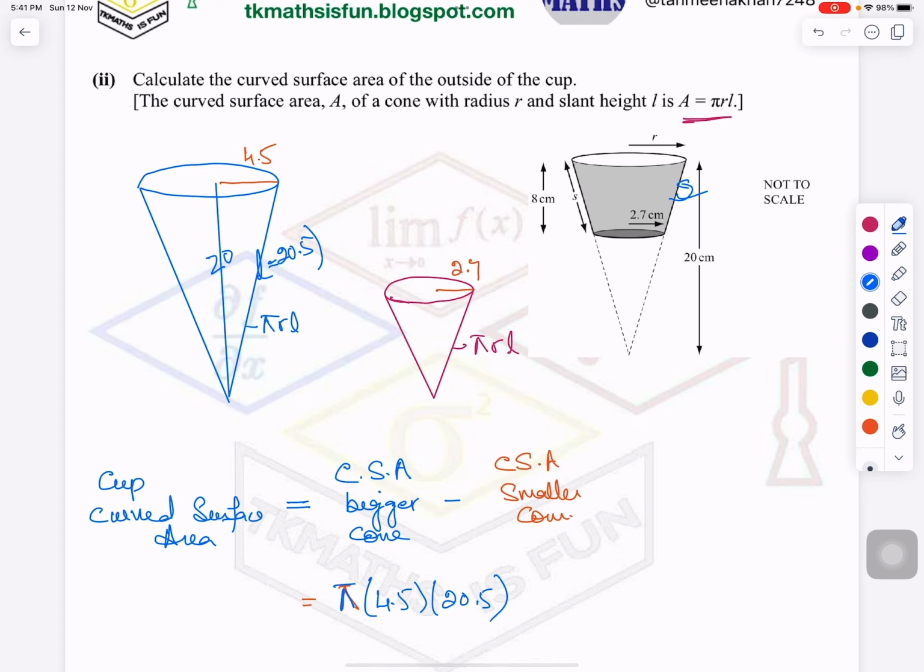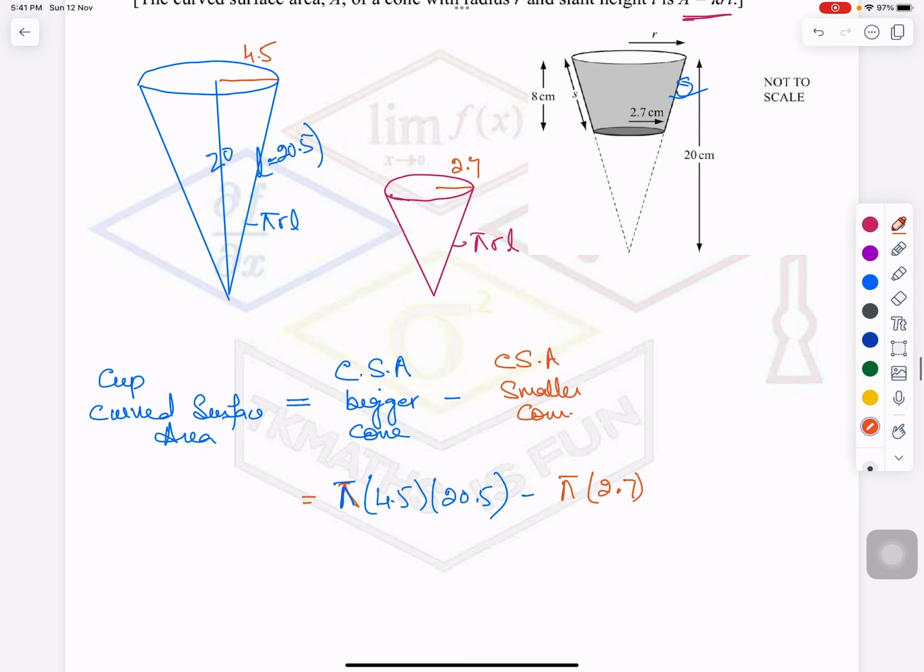Similarly, for the smaller one, pi r is 2.7, but slant height I have to calculate, right? This one. So again, this is 18. Sorry, not 18, 12. 20 minus 8 is 12. So this I have to calculate here.